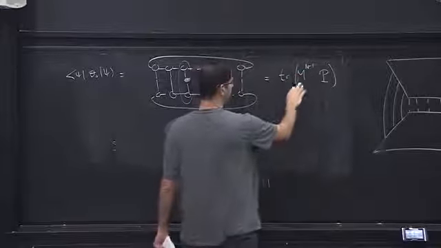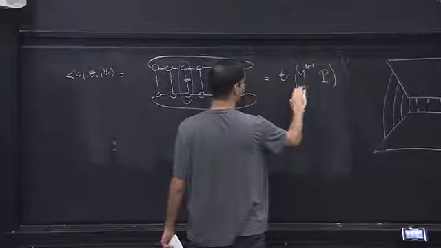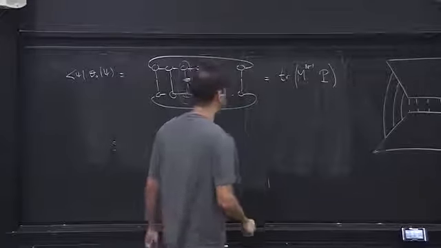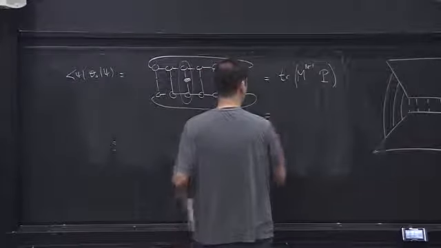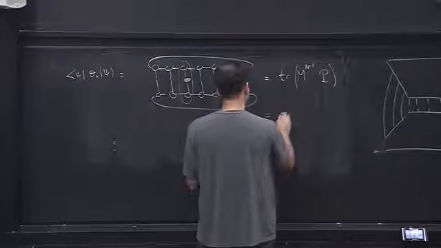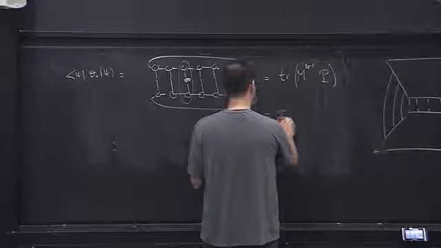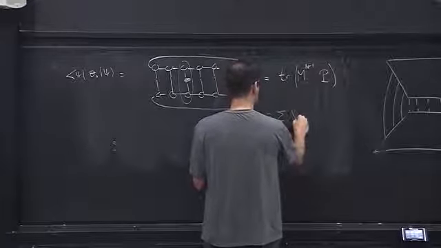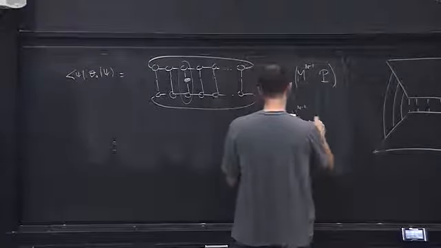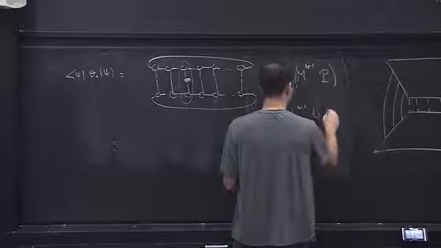But we can again evaluate this. We can replace it with its eigenvalue decomposition. And so in the end, what this looks like is a sum over eigenvalues to the n minus 1 power, and then the trace of the corresponding eigenvectors.